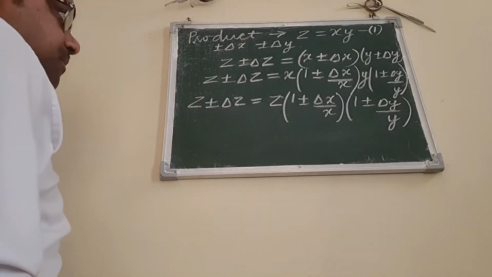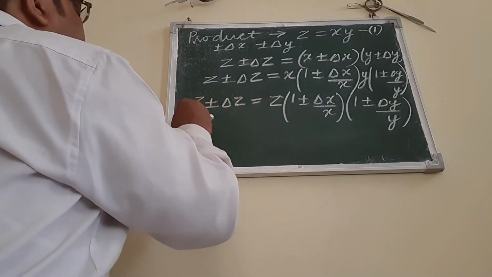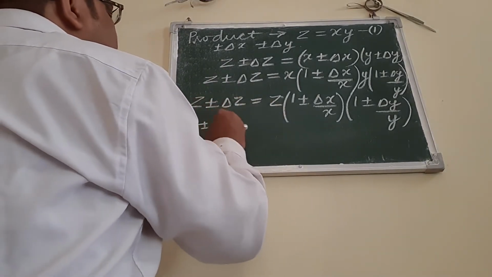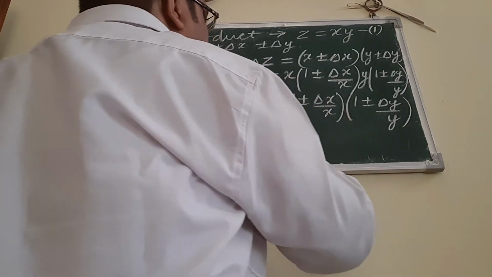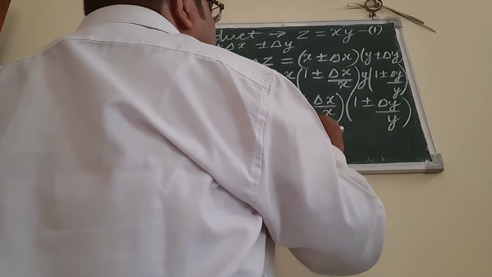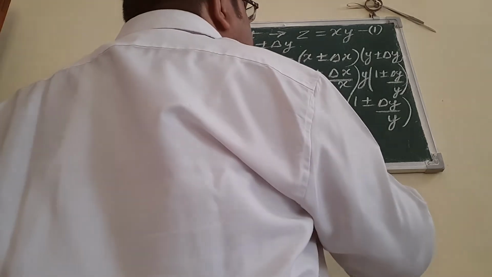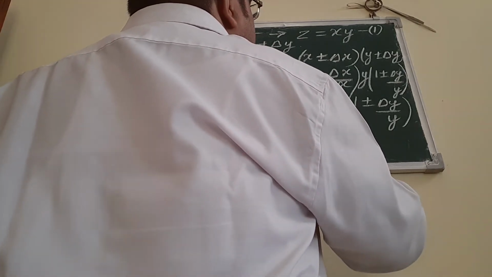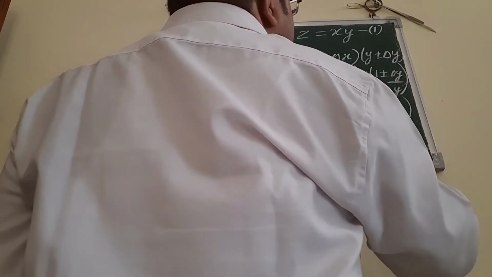Now we are taking z to this side, so z plus minus delta z upon z is equal to the product of 1 plus minus delta x upon x and 1 plus minus delta y upon y, which gives terms plus minus delta x upon x, plus minus delta y upon y, plus minus delta x into delta y upon xy.